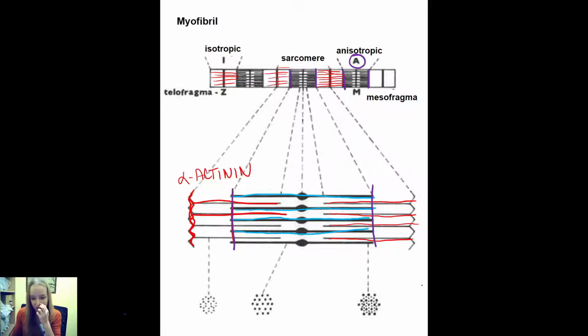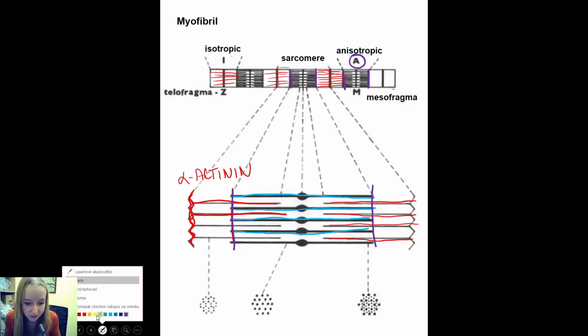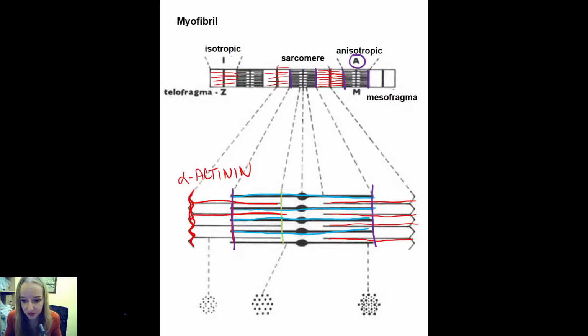So sometimes you have these pictures. These are cross sections of filaments in the sarcomere, and in this section you can see only thick filaments. In this section you can see thick and also thin filaments, so you know this is an A band. Here you can see only thin filaments, and this is the I band. And here we recognize also the H band right here.